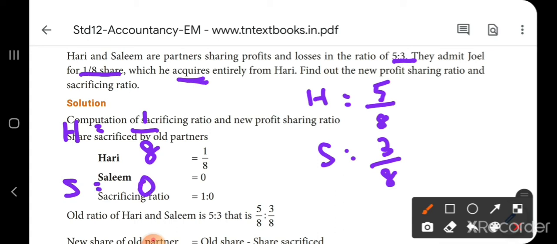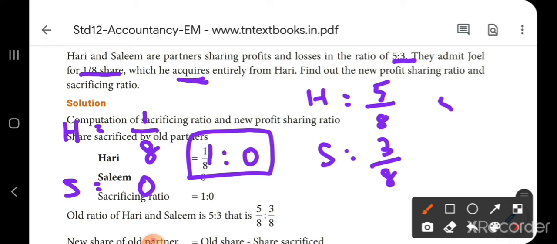Okay. So what is the sacrificing ratio now? 1:0. Okay. 1:0. Hope you understood till this. So we have calculated the sacrificing ratio 1:0. What is the old share? Old share is 5:3.